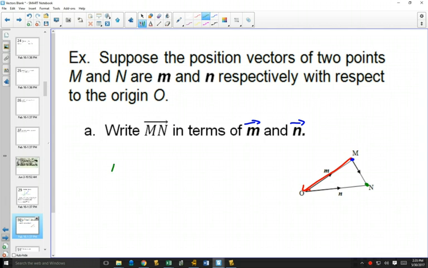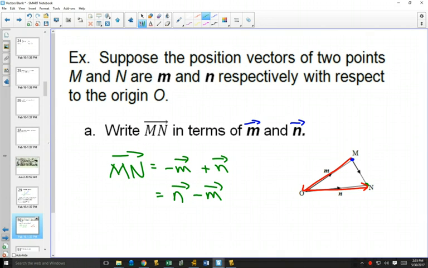So I can write that MN would equal a negative M. And then if I traveled from here to here, I would have to add N to it. And so I always like to write it this way, negative M plus N. You'll see in a lot of textbooks that they write it this way, which makes sense, right?